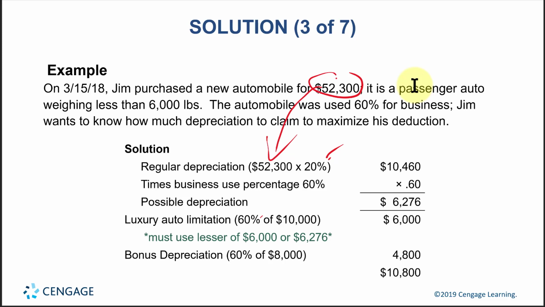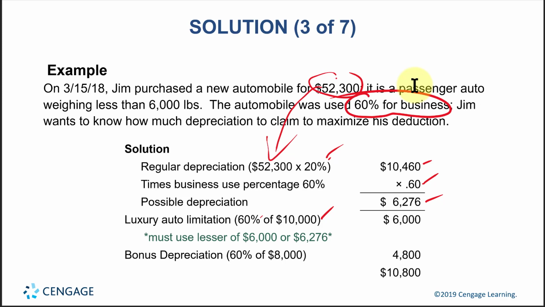So we extend out, and this would be the depreciation if he had used his automobile 100%, but we're told it's only 60% business. So we apply that business percentage to come out with the amount of MACRS depreciation for the first year. But if you remember, there was a $10,000 limit for the first year. This $10,000 applies to MACRS and 179 depreciation.